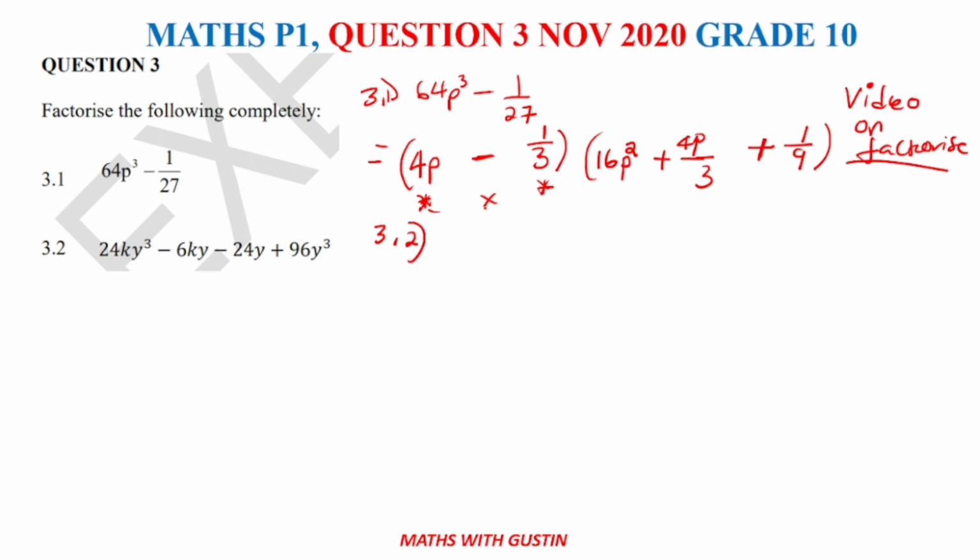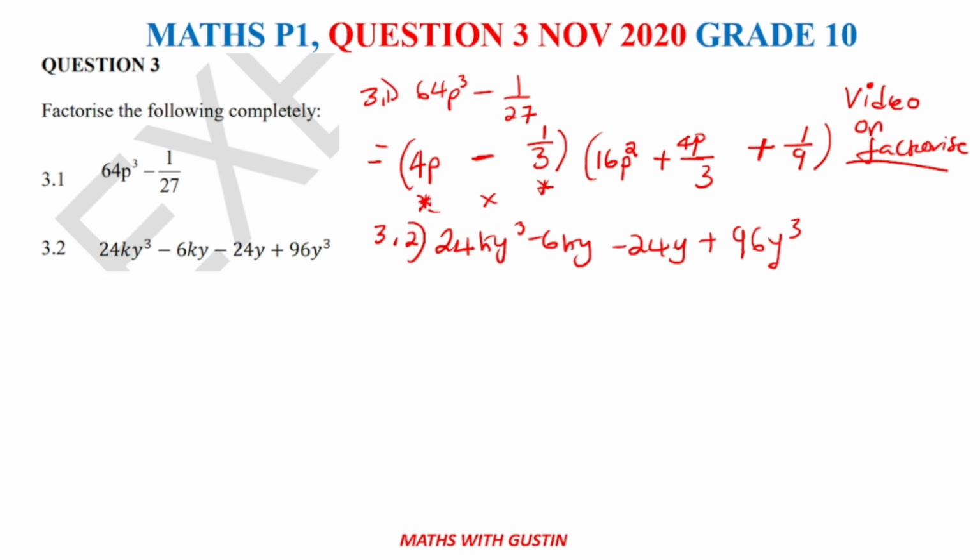All right, okay, so let's come here. Let's see what we have. 24ky cubed minus 6ky minus 24y plus 96y cubed. Okay, great stuff.